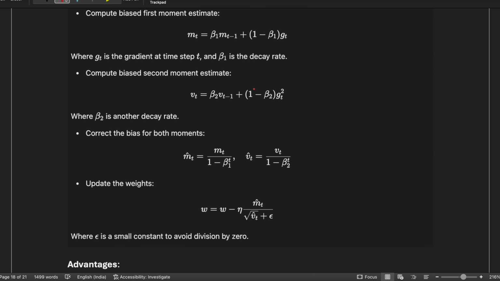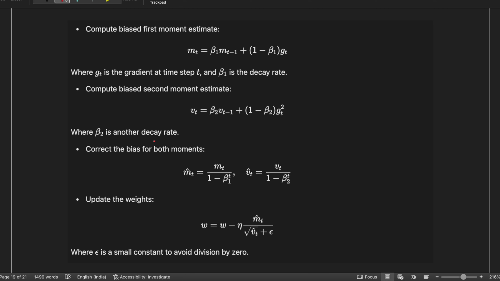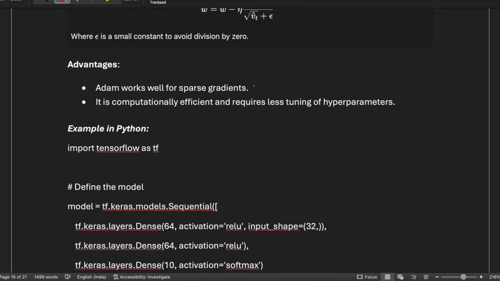We are taking two components, with beta1 and beta2, and then doing the bias correction for the moments. You don't need to go into the mathematics of why we are correcting the bias. You just need to know the application part and the weight update formula, and what is happening.